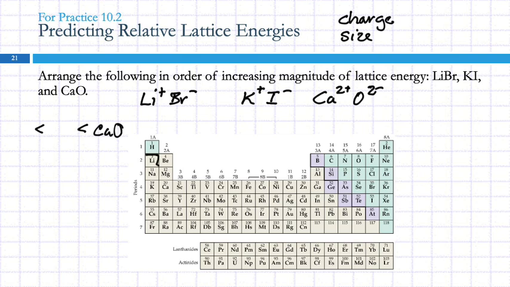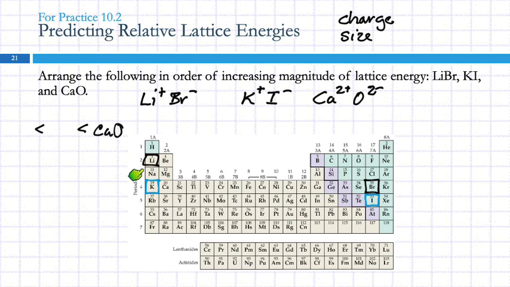Well, we have lithium and bromide, and we have potassium and iodide. Which has bigger ions?